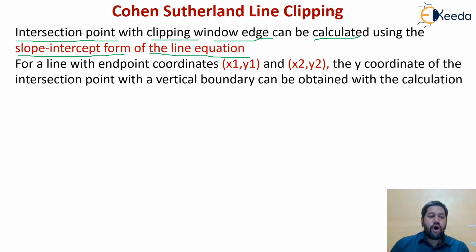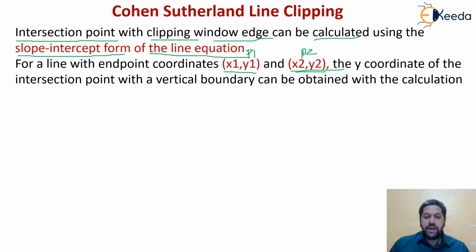So let us understand this. For a line, I consider a line with endpoint coordinates x1, y1 and x2, y2. You may consider that the line has the first endpoint p1, having x1, y1, and the second endpoint of the line is p2, having the coordinates x2, y2.